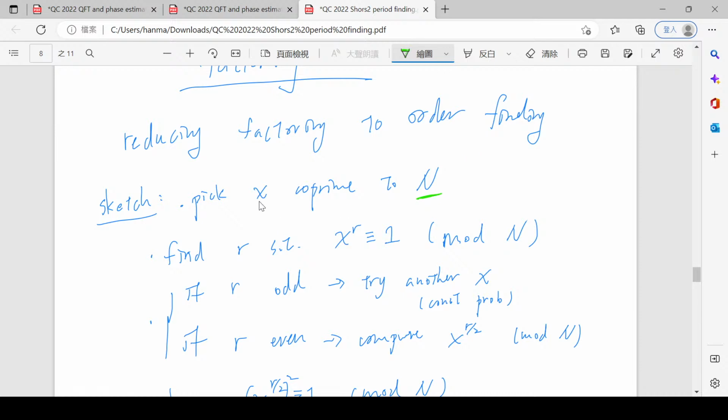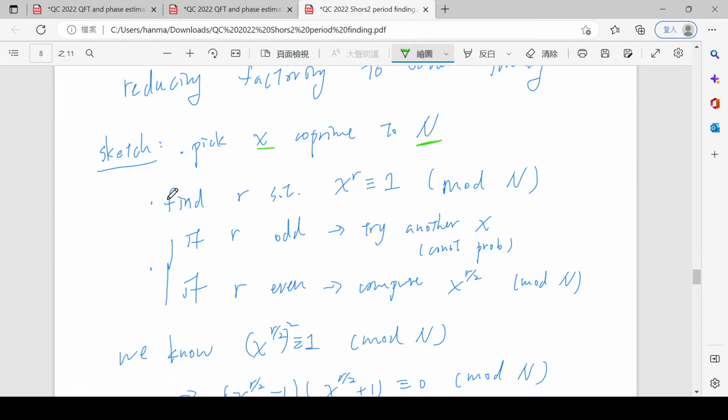so first you pick some x co-prime to N, because you want x co-prime to N. Well, if you fail this, then you probably succeeded at factoring, because you picked x not equal to 1, and if it's not co-prime to N, then you find some factor of N, then you factor N. Yeah, so this is probably easy. Then here we do order finding.